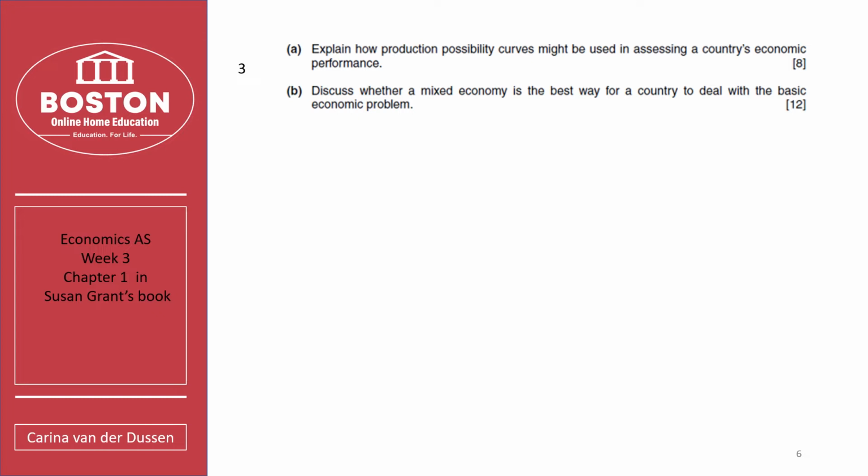And then sometimes it's a good idea to draw a little graph and then remember to start with knowledge. So first, you're going to give the definition of a production possibility curve, right? 2 marks. Then draw a picture and put your own stuff in. You can say bananas and pineapples or fish and potatoes or whatever. Just keep your example simple.